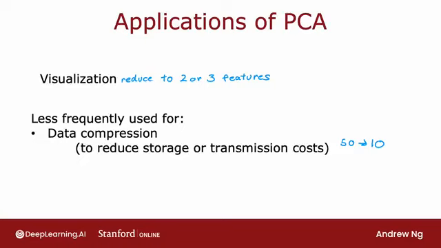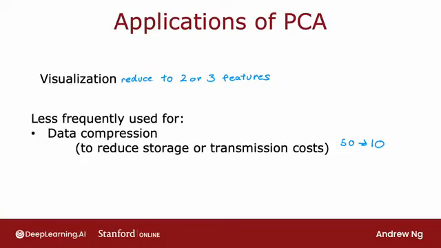You can't visualize 10-dimensional data that easily, but this is 1/5 of the storage space, or maybe 1/5 of the network transmission costs needed. And so many years ago, I saw PCA used for this application more often. But today, with modern storage, being able to store pretty large data sets and modern networking, able to transmit faster and more data than ever before, I see this used much less often as an application of PCA.